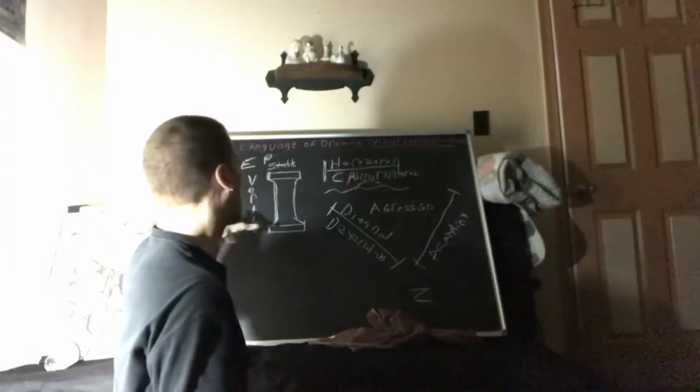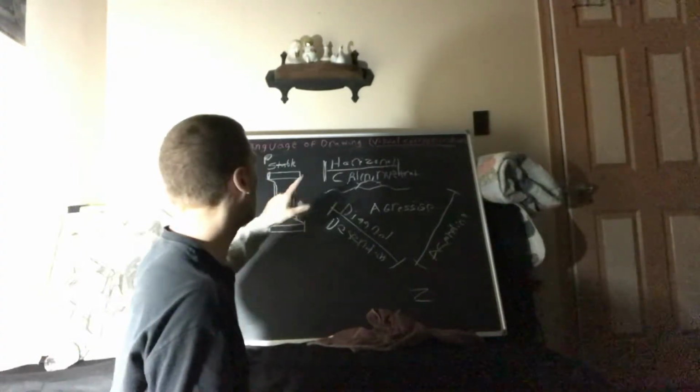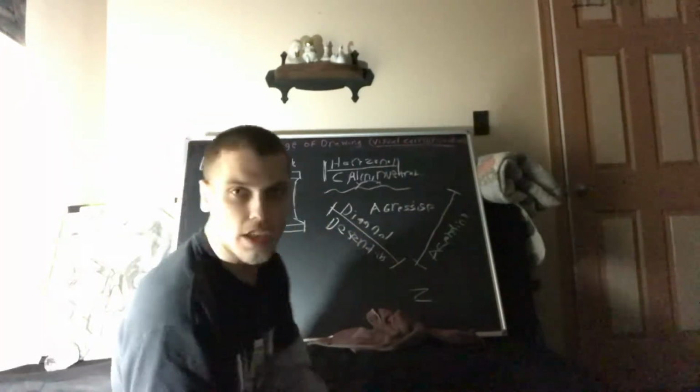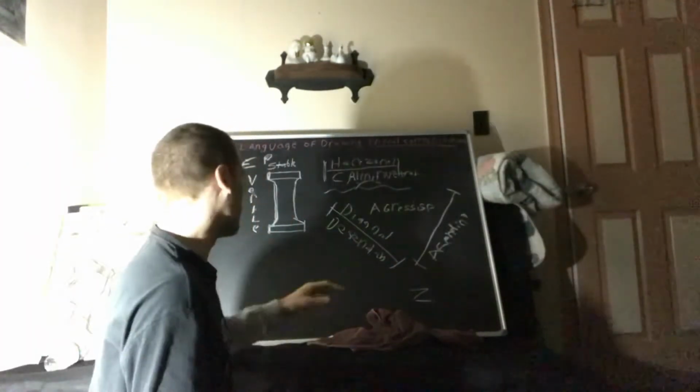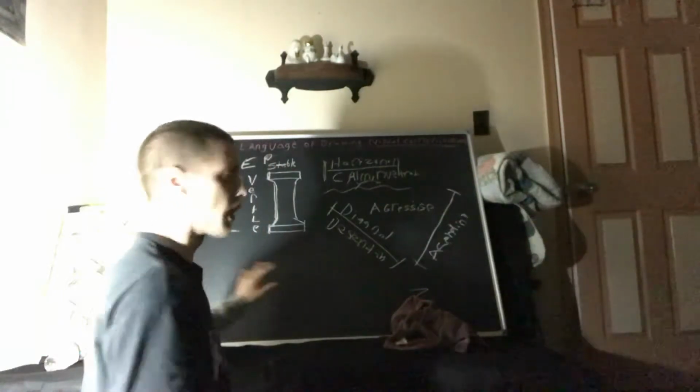So those are the lines that you got: the horizontal, the vertical, and the diagonal, and then the next one we could talk about is the curve.